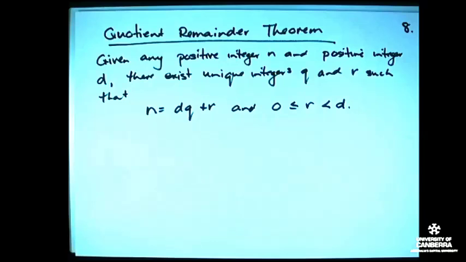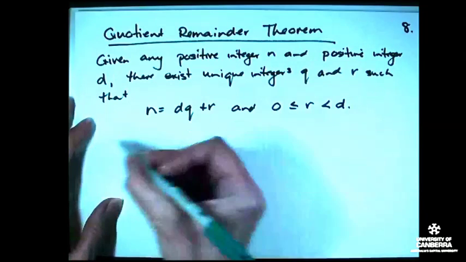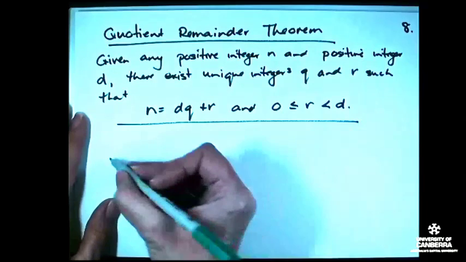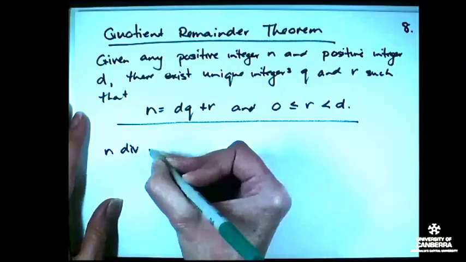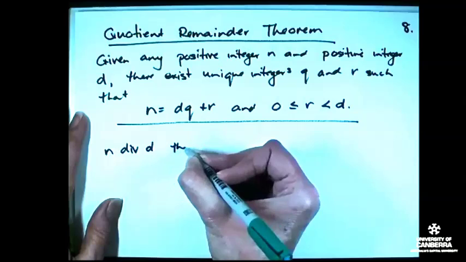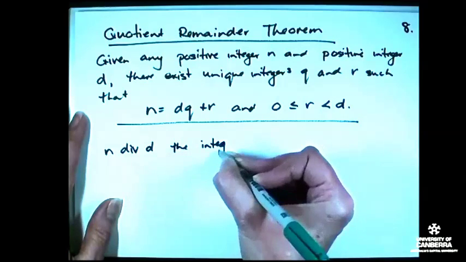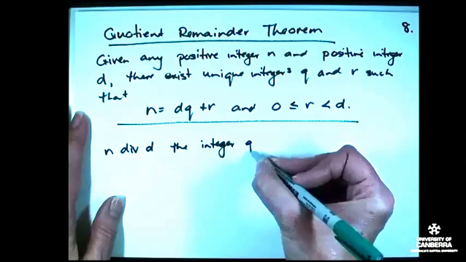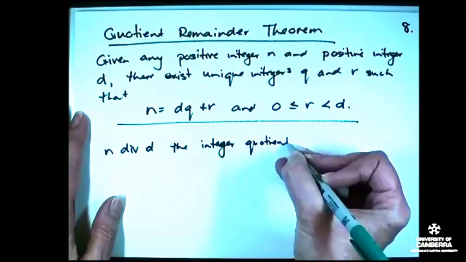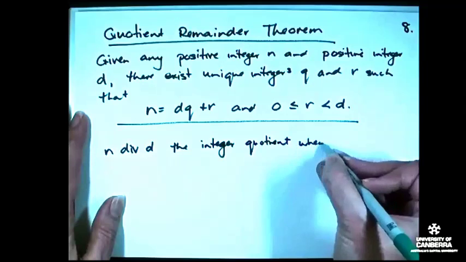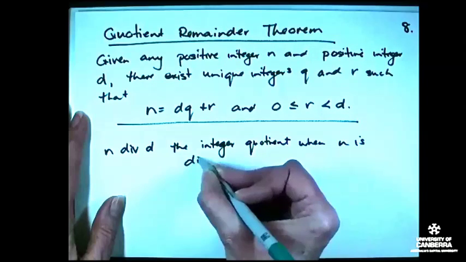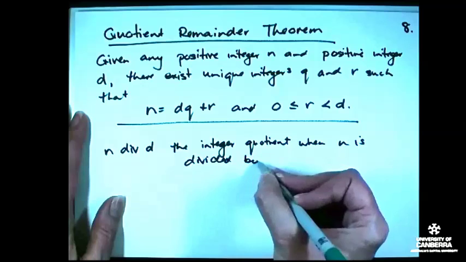And the notation that we used at the time when we did this, n div d is the integer quotient when n is divided by d.